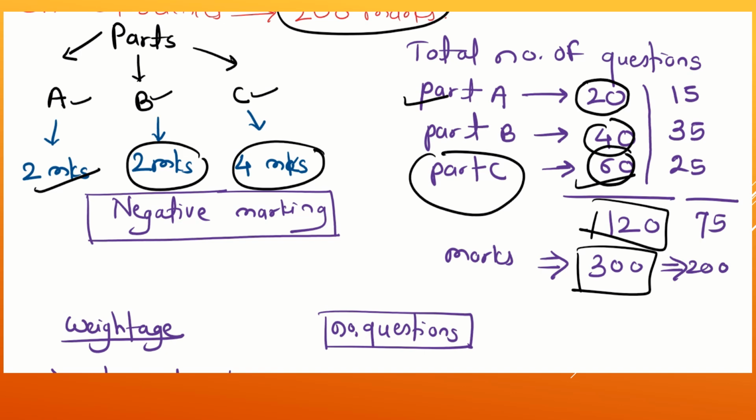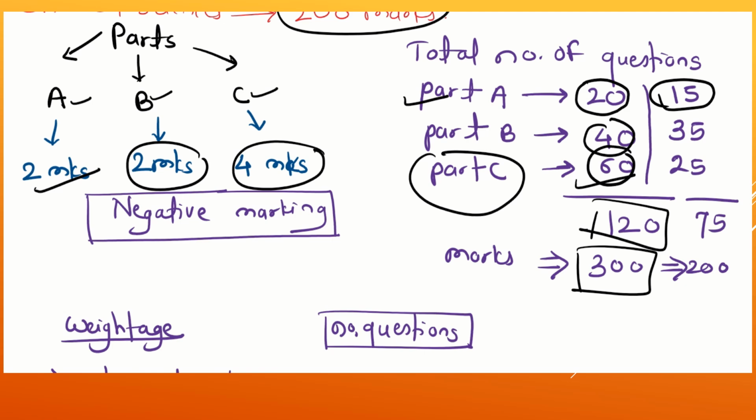So for that purpose you have to attempt only 15 questions from Part A, no more than 15, only 15.